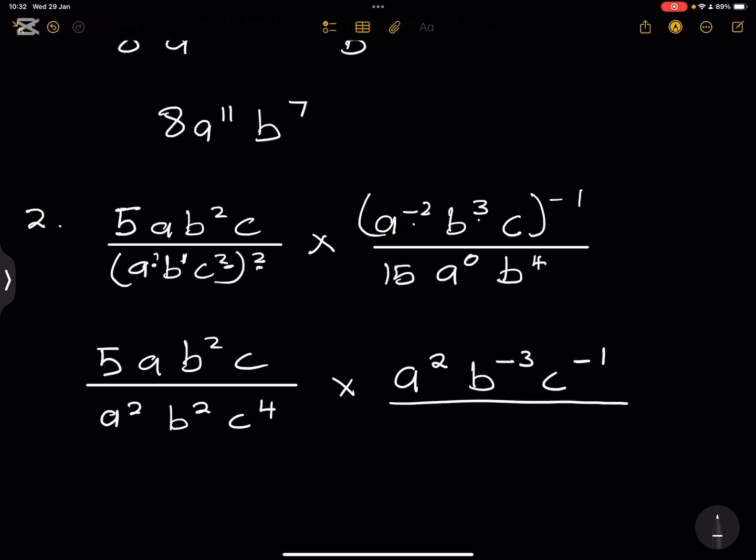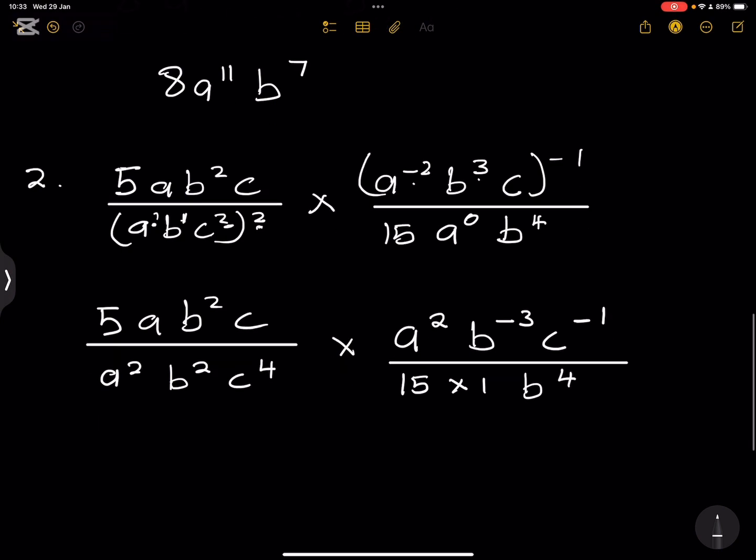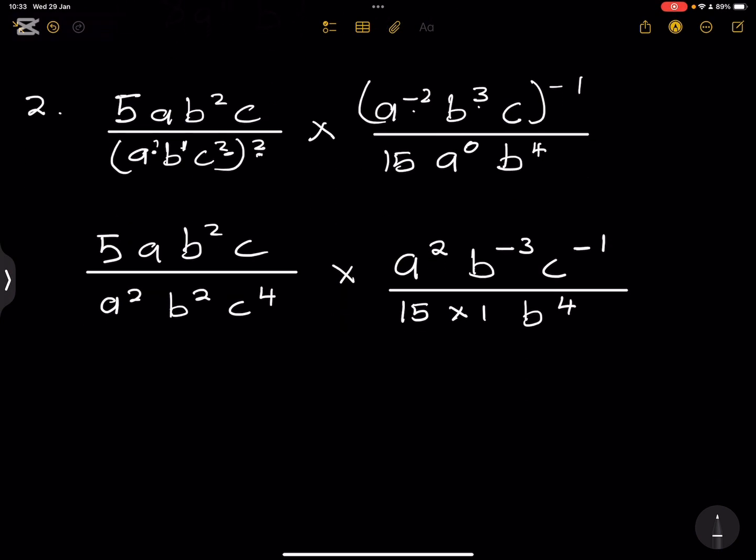Divided by 15 at the denominator, a to the power 0 gives me 1, so I'm just going to multiply by 1 there, and I've got b to the power of 4. Now, of course, we did say that the coefficients we can actually deal with them, so I might as well just write there 5 divided by 15.